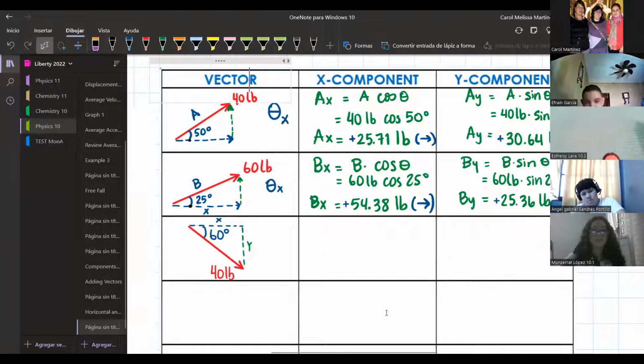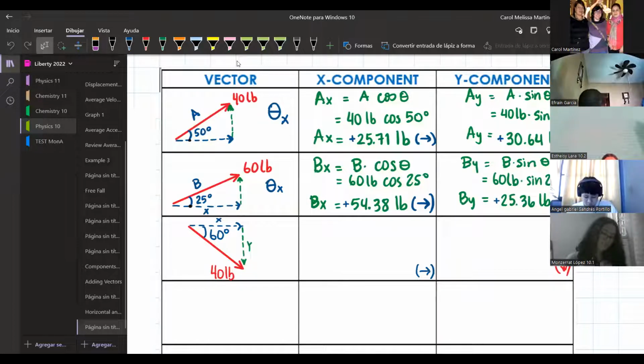This one is going right. So we say that in x, because it's going right, it's going to be positive. Now, vertically, is it going up or down? Down. It's coming down. Because it's coming down, we say that in y, it's going to be negative, okay?